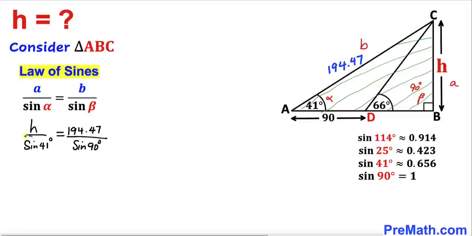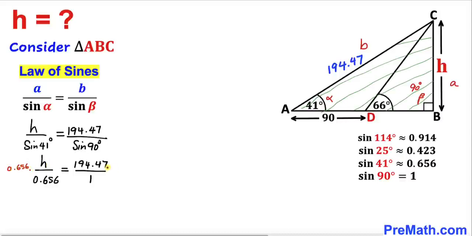Now we know that sine of 41 degrees is approximately 0.656 and sine of 90 degrees is 1. So therefore our equation is going to become h divided by 0.656 equal to 194.47 divided by 1.